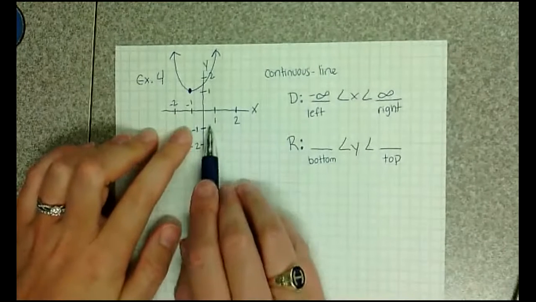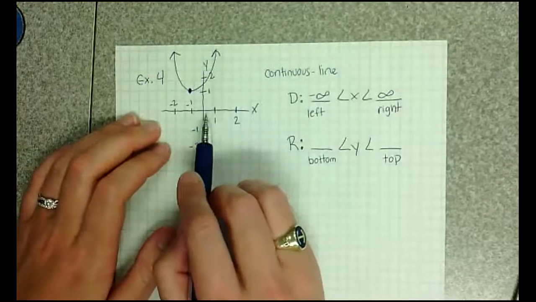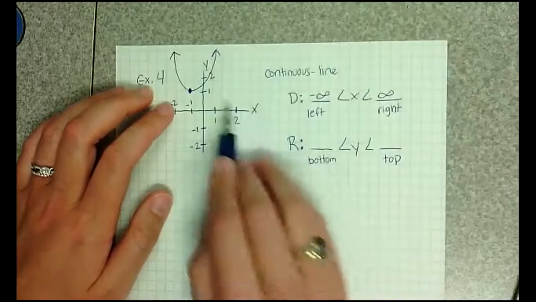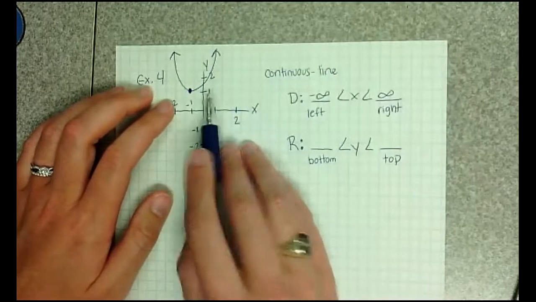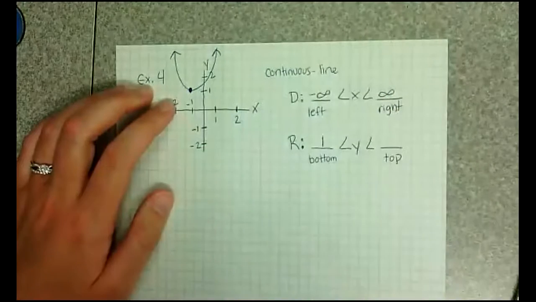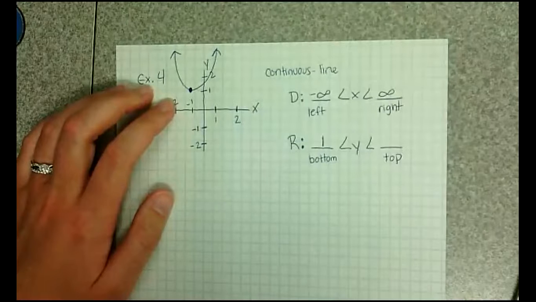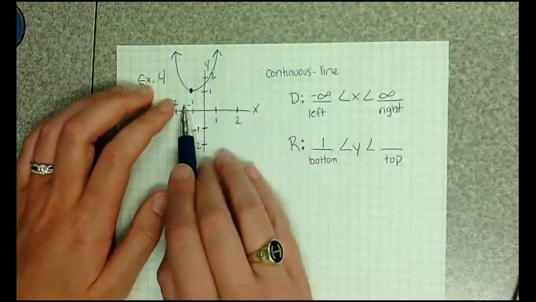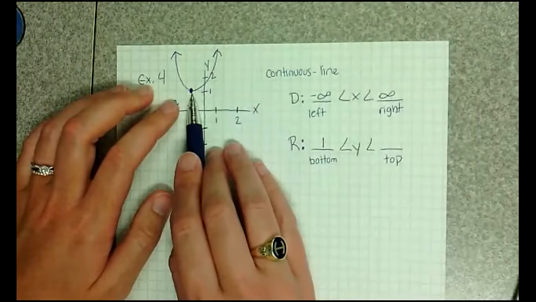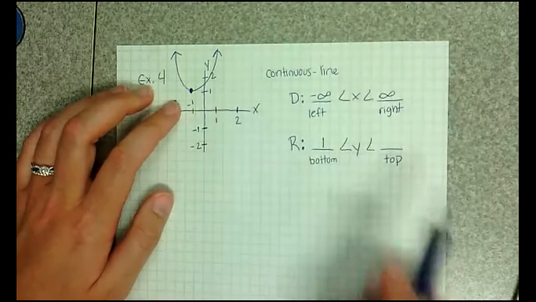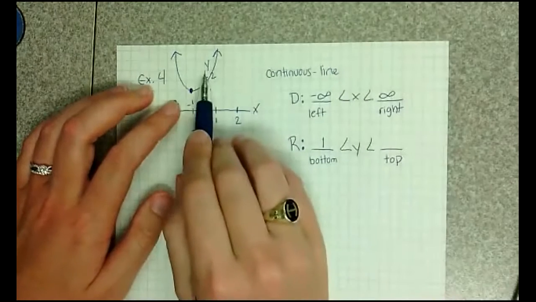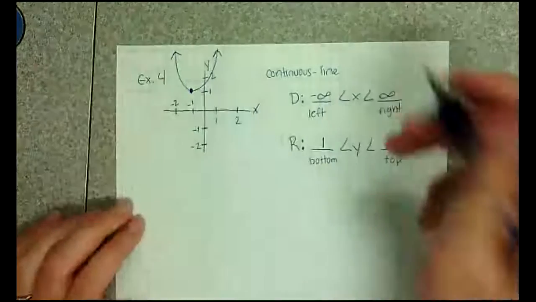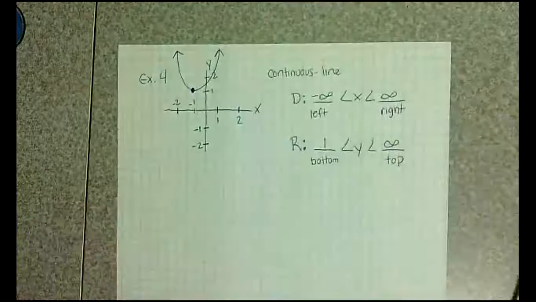Where does the bottom of my line hit? -1. But we're looking at the Y, so we need to look at the Y value. So it's gonna be 1, because I'm looking at my line and the bottom part of my line is at 1. The top part of my line, it doesn't stop at 2. My line keeps going to positive infinity.